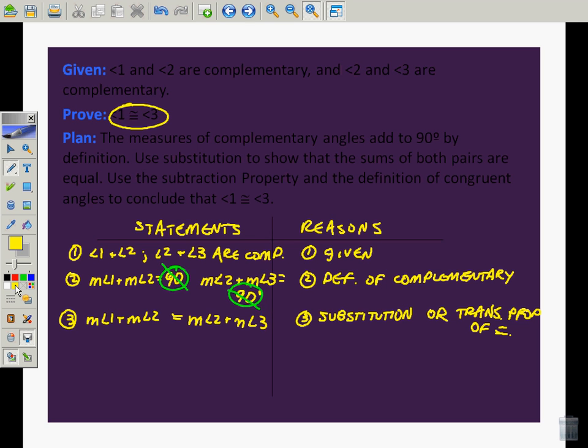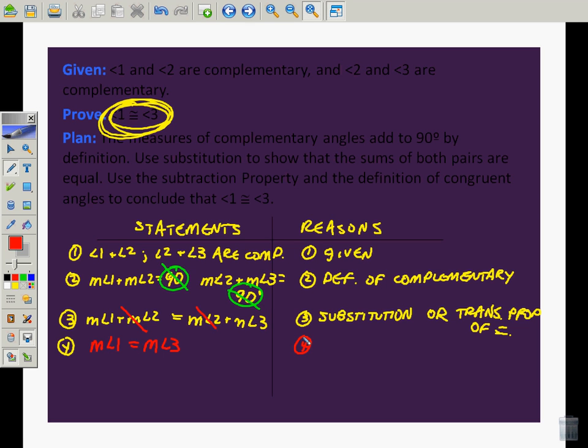Now, line number 4. I need, once again, to have 1 and 3 be alone. Well, luckily, I have angle 2 on both sides. So what I'm going to be able to say in this line is the measure of angle 1 is equal to the measure of angle 3.